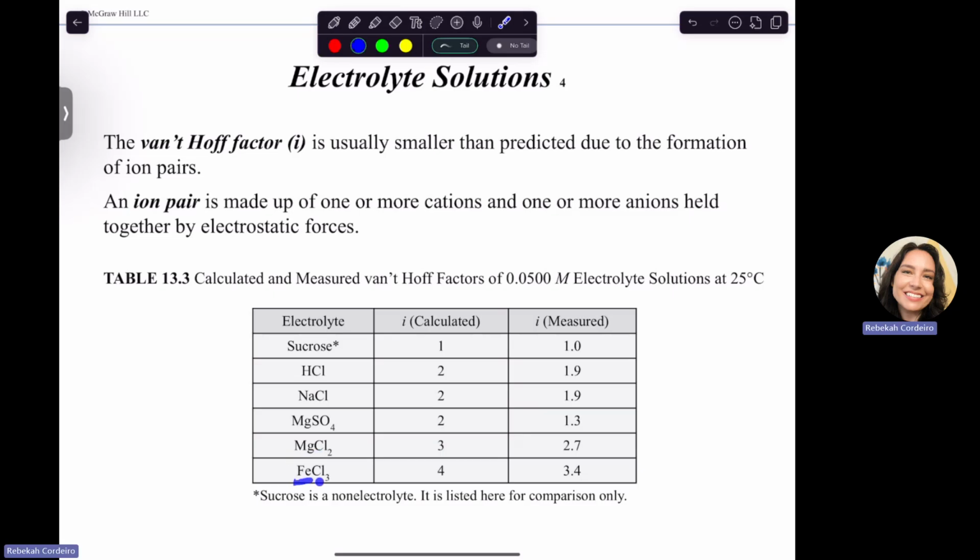Positive 3 to negative 1, decrease even more. It's kind of like lattice energy: if you have a more positive and negative ion, they'll attract more to each other, so they'll clump together more and actually make fewer particles than we think. So instead of making 2 particles for every 1 magnesium sulfate, we actually only make an average of 1.3 particles for every magnesium sulfate because they stick together.